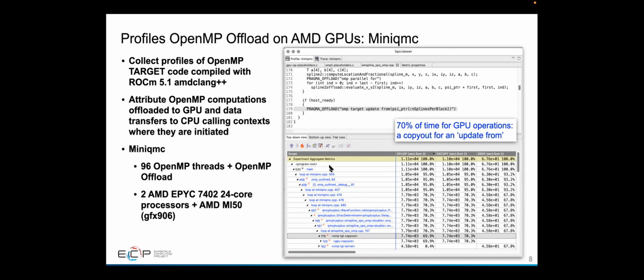Being able to understand where your costs are being incurred and map it back to the source code is really critical for doing development in OpenMP. This profile was collected on 96 threads offloading onto the GPU using OpenMP on a local system we have at Rice that's using MI50 GPUs, but it works on the MI250X as well.